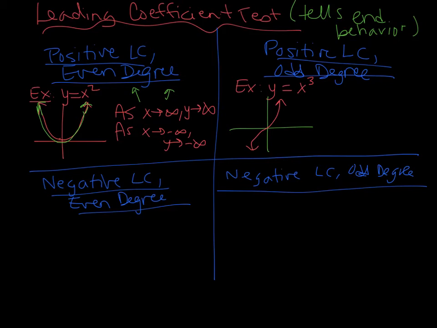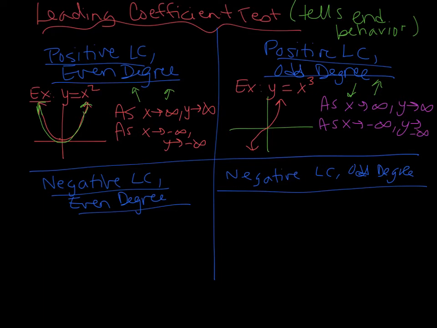Oftentimes you'll see it listed like that. And the really nice mathematical way to write it is: as x approaches infinity, y approaches infinity, and as x approaches negative infinity, y approaches negative infinity.